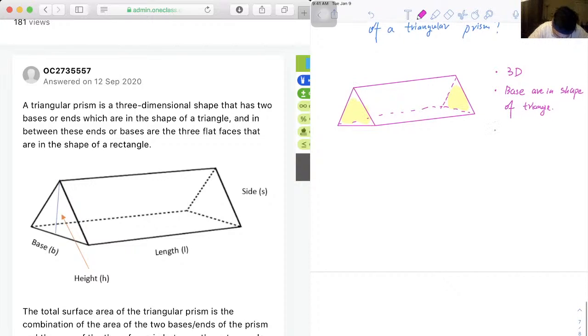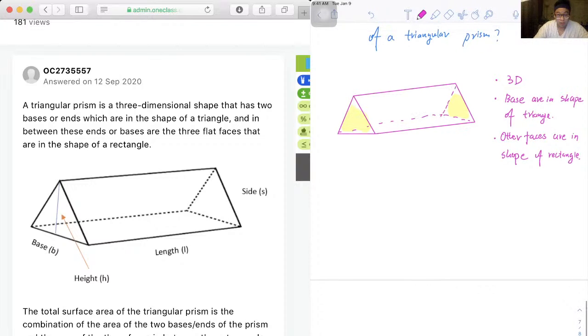So the other faces are in the shape of a rectangle. Yep. So the one at the front, the one at the back, and the one at the bottom.